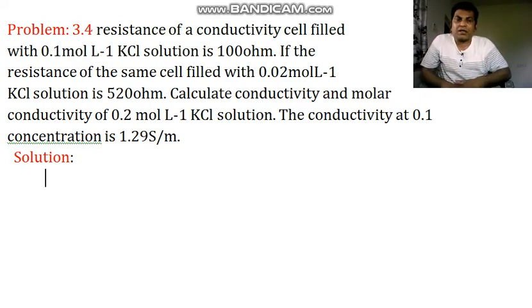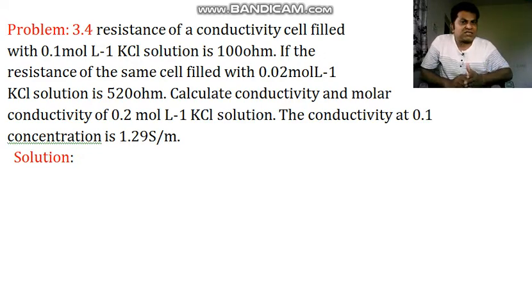And dear students, in this session we are taking question 3.4 of the textbook, and the question is like this: the resistance of a conductivity cell filled with 0.1 mole per liter KCl solution is 100 ohm.